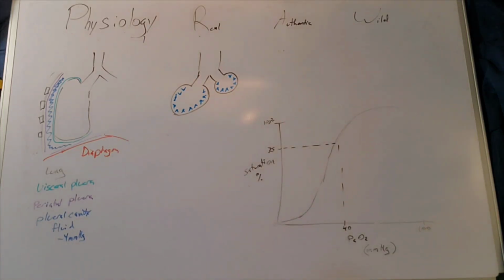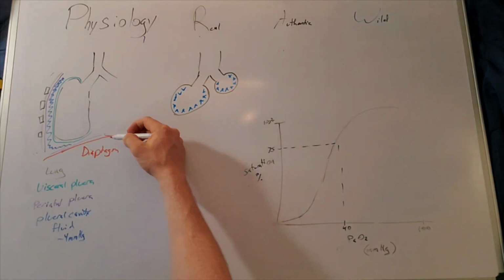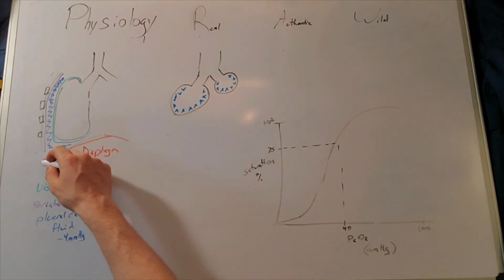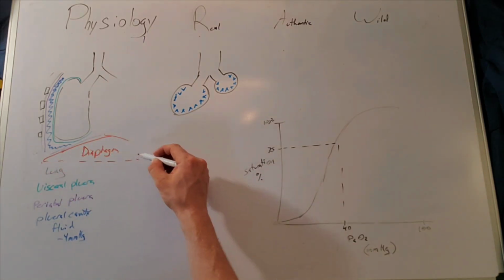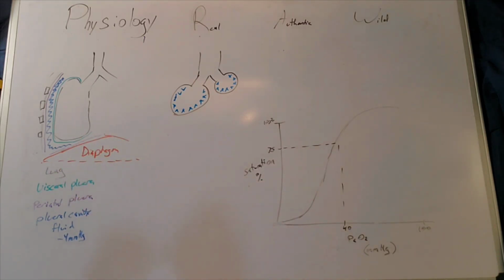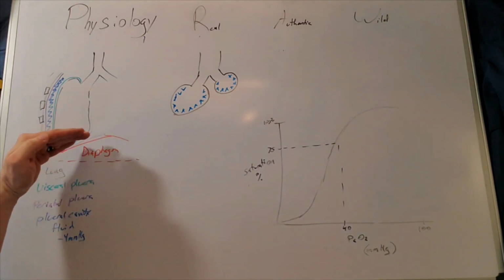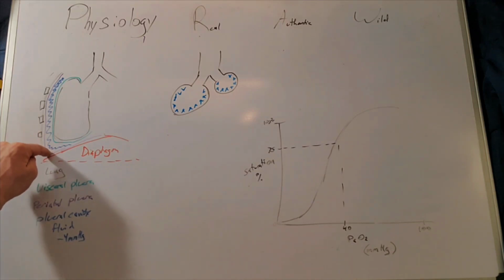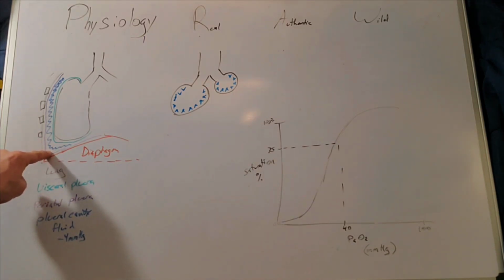For resting breathing, we have the diaphragm flex. That means it goes straight instead of bowed upward. What that does is create even more negative pressure on this pleural cavity and the fluid within.